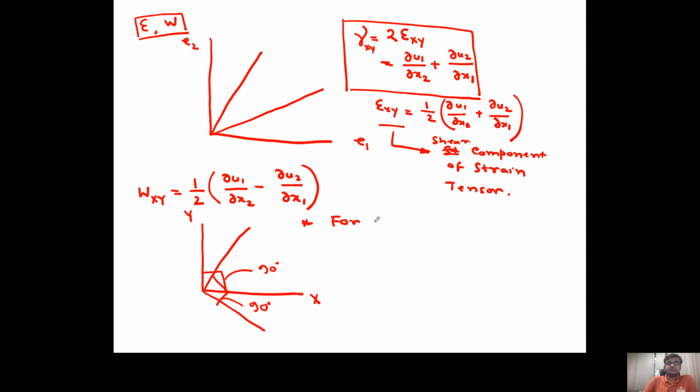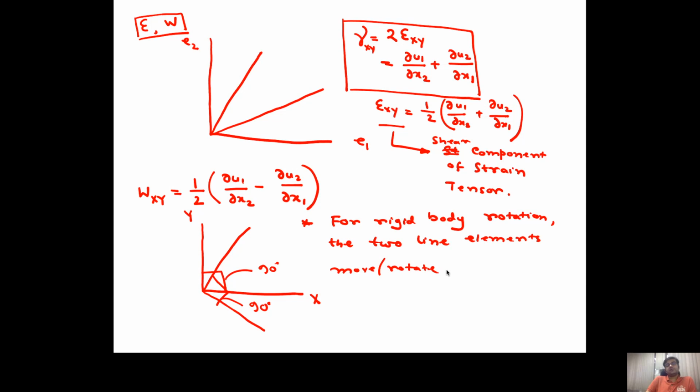So for rigid body rotation, the two line elements move or rotate in the same direction. And that is only when you can say that it is a rigid body rotation, right? Because only then the relative angle, which is 90°, remains the same.